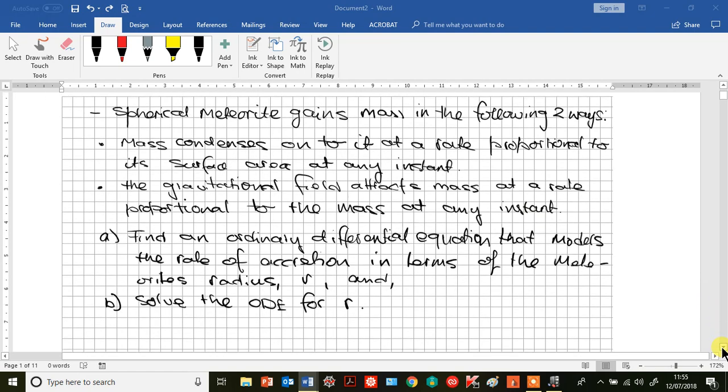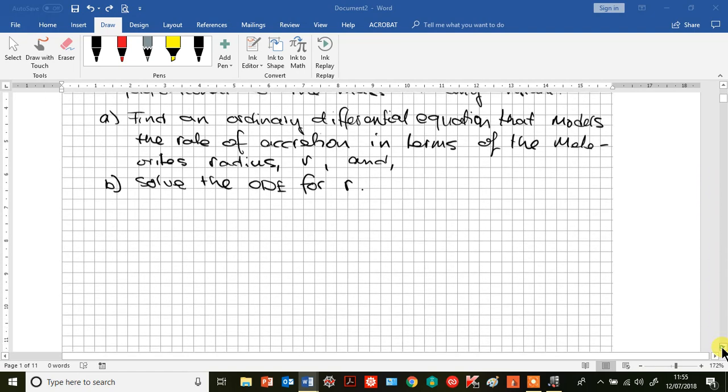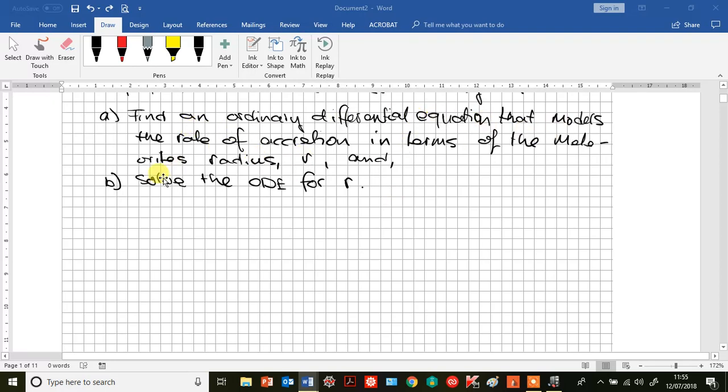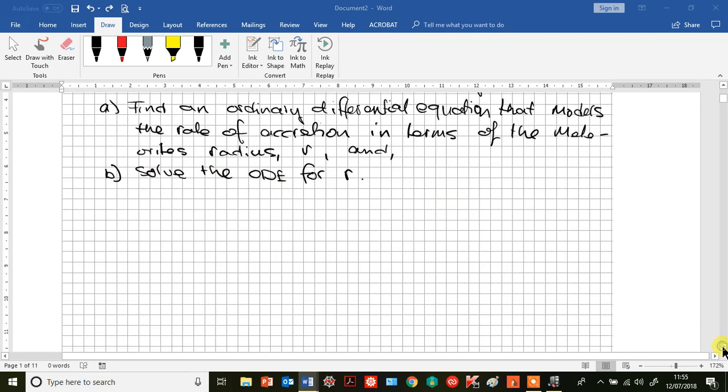We're asked to find an ordinary differential equation that models the rate of accretion of the meteorite in terms of the meteorite's radius r, and we are asked to solve the ordinary differential equation for r.